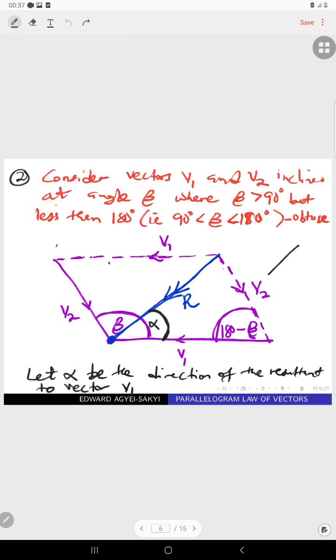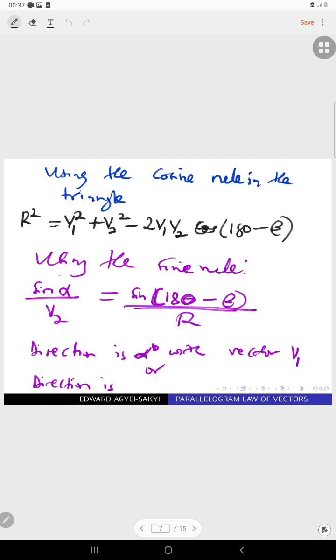If you bring the triangle out, it's going to be something like this. V2, V1, R. Yes, alpha. So when you solve for alpha, then you can see east alpha degrees what? North. East.